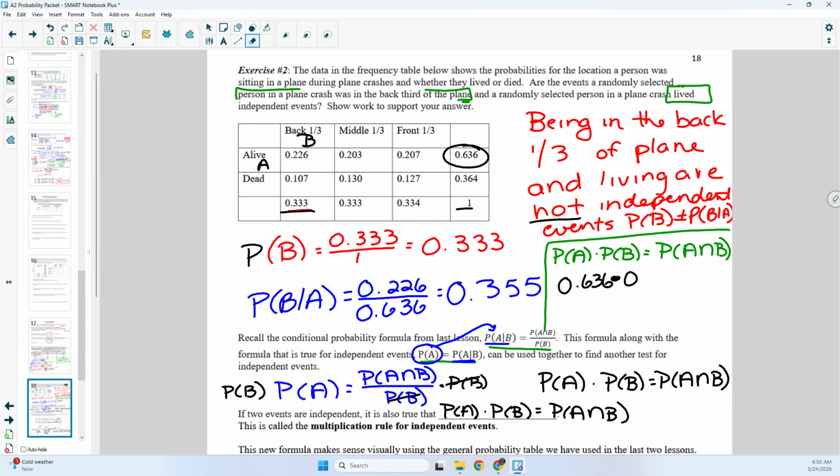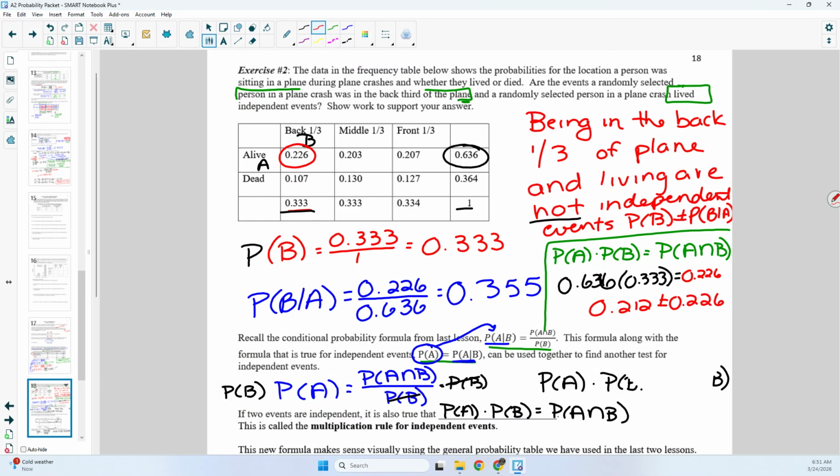I don't need to write that multiplication symbol. So this is times 0.333. And does that equal P of A and B, which is 0.226, once again over 1? Looking at this, if I multiply those 2 together, I get 0.212, and I see that is not equal to 0.226. So we can see that it doesn't work.